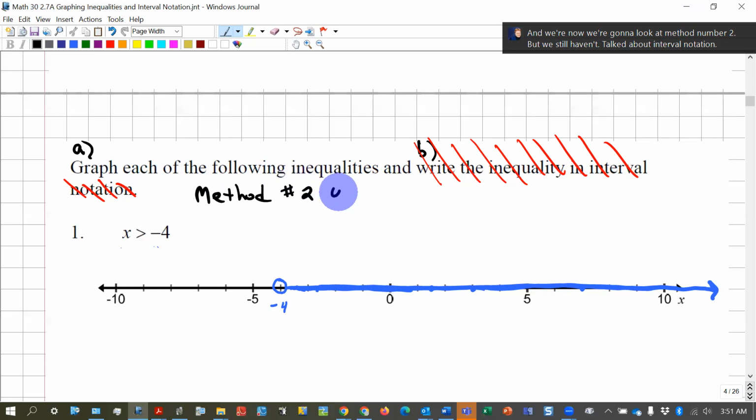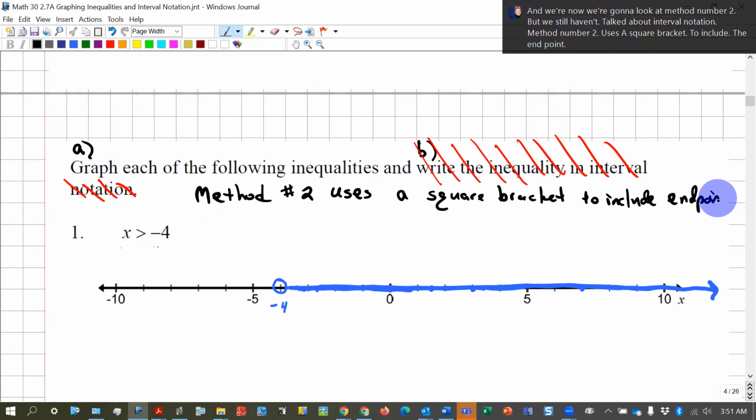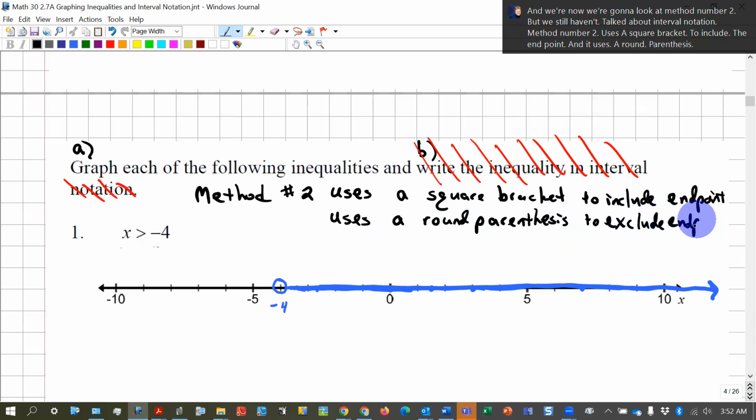Method number 2 uses a square bracket to include the endpoint, and it uses a round parenthesis to exclude the endpoint.